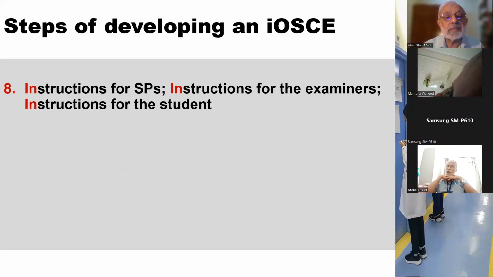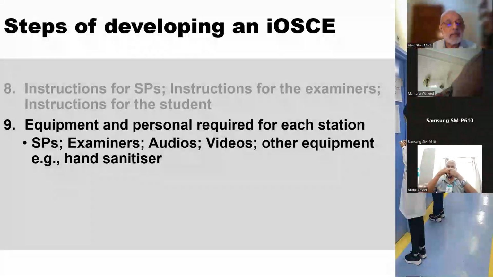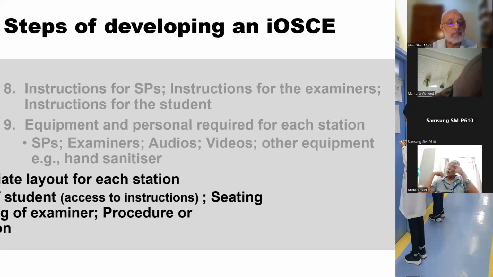Next would be the instructions for standardized patients, instructions for examiners, instructions for the student. The equipment and personnel required for each station, for example, standardized patient, examiners, audios, videos, or other equipment.